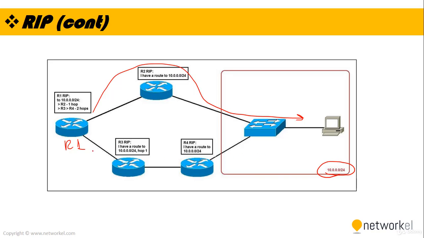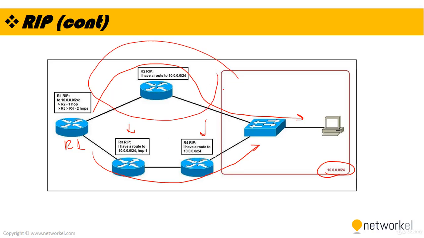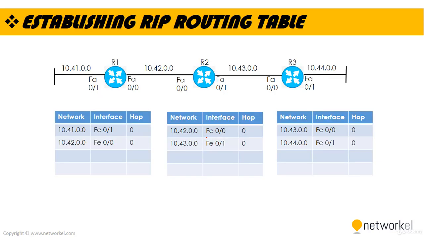But for the link below, as you can see here, we use 2 more hops, which means 2 more routers to get to the destination, which means a worse path for RIP. That's why we are using this path instead of this path if we are using RIP as a dynamic routing protocol. So let's go ahead with how we can establish a routing table in RIP.